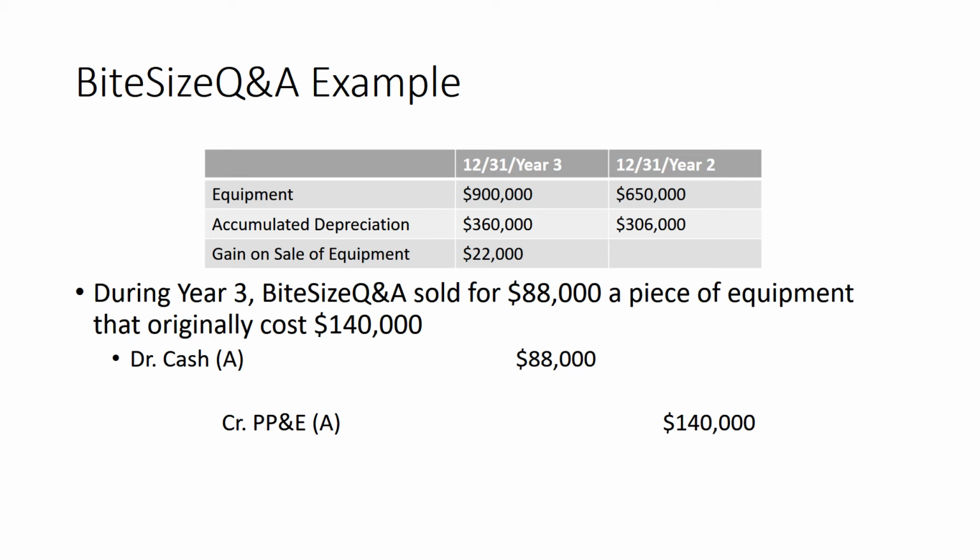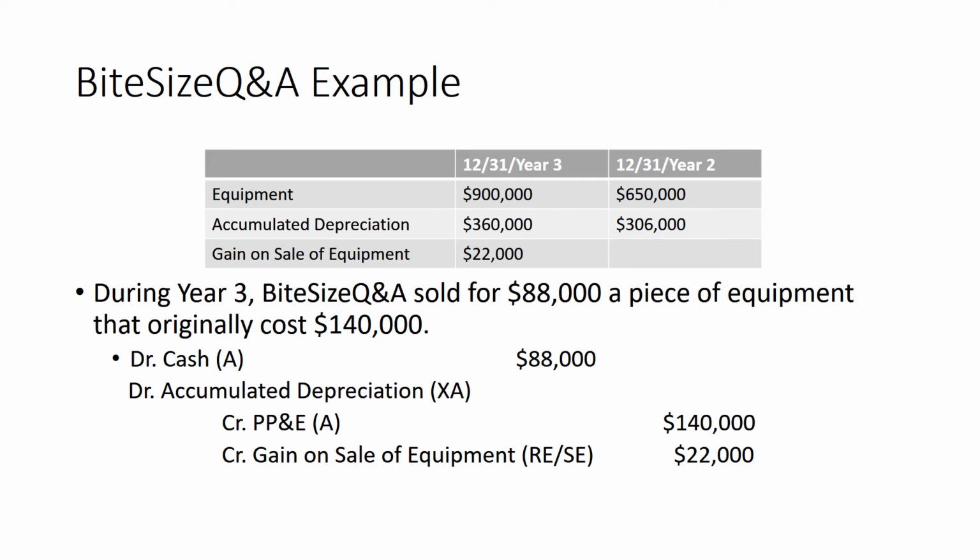And they sold their equipment, so we have to credit PP&E by $140,000. We know we have to debit the accumulated depreciation that's associated with the sale of the equipment, but we don't know how much yet.